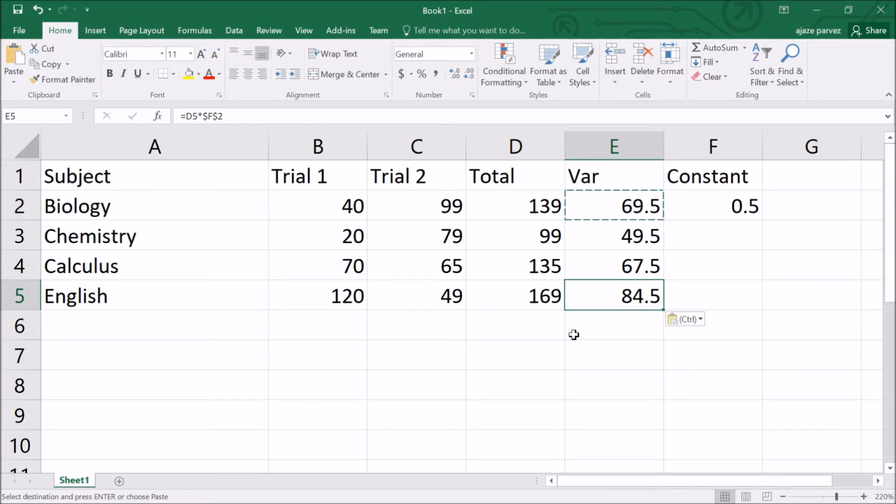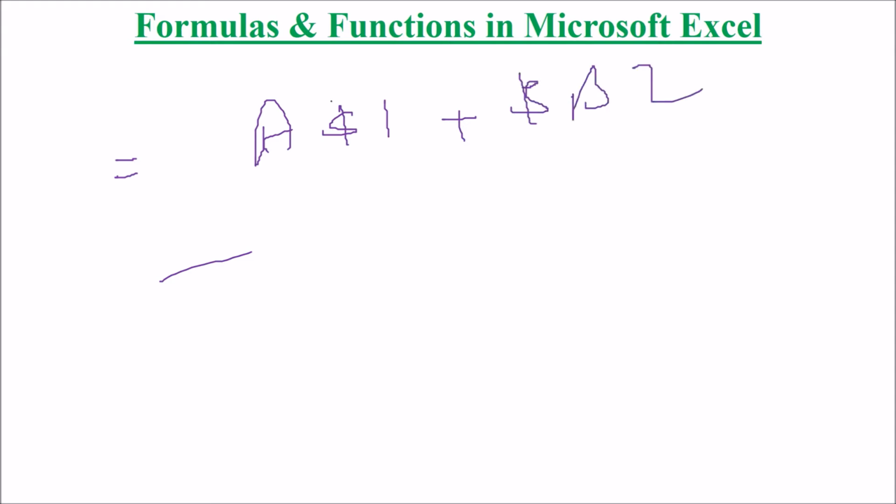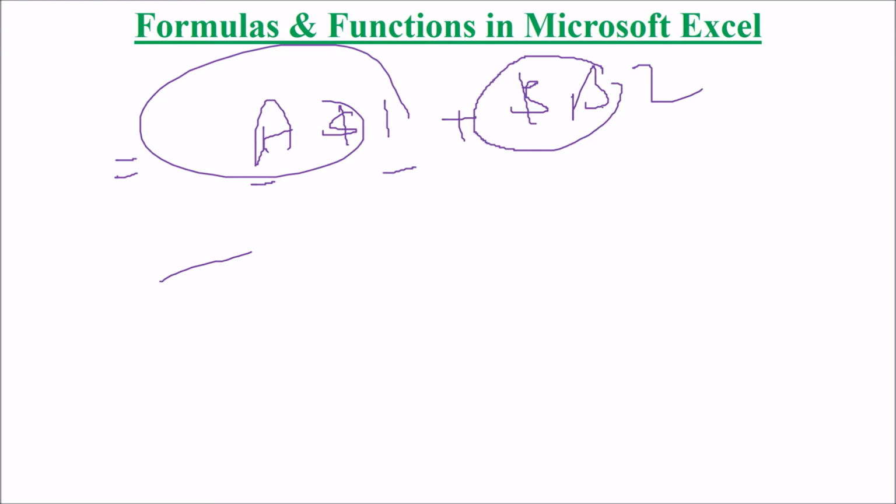For example, I have a formula like A$1 plus $B2. So the row of cell A1 is fixed here, and the column of cell B2 is fixed.